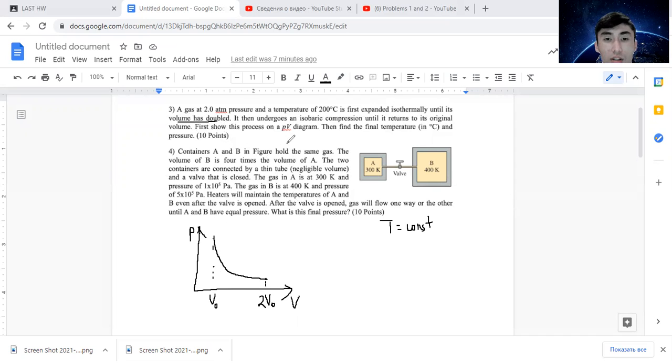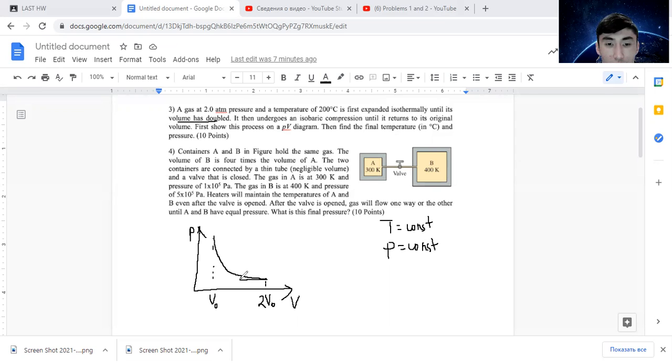It then undergoes an isobaric compression until it returns to its original volume. Isobaric compression means pressure will be constant, and the compression means volume is decreasing.